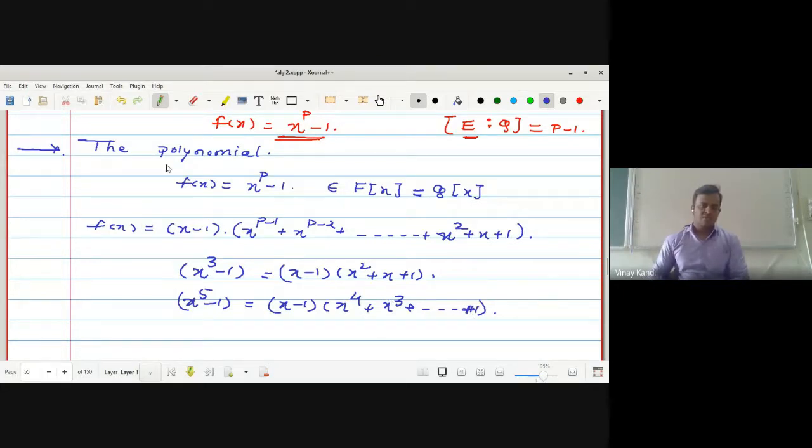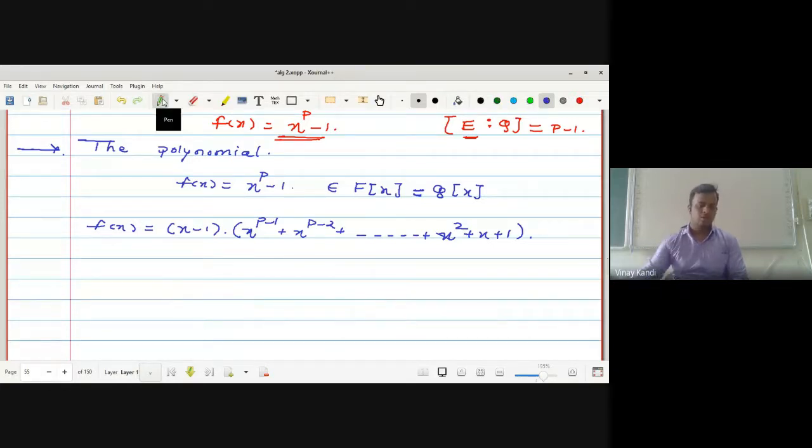So here f of x we can write in the form of product of two polynomials such that f of x is equal to x minus 1 into x raised to P minus 1 plus x raised to P minus 2, and so on, plus x square plus x plus 1.